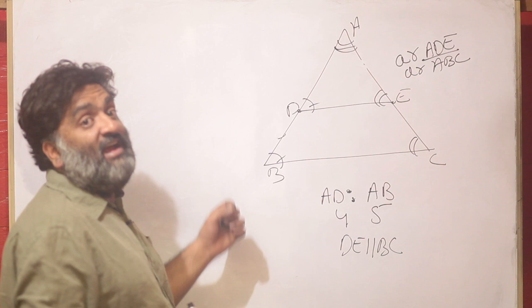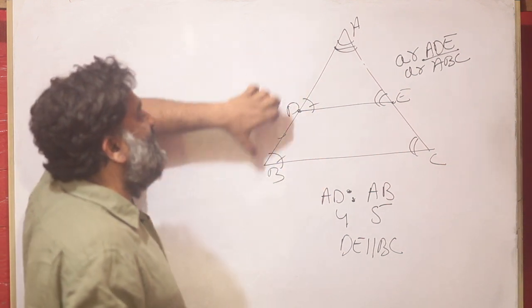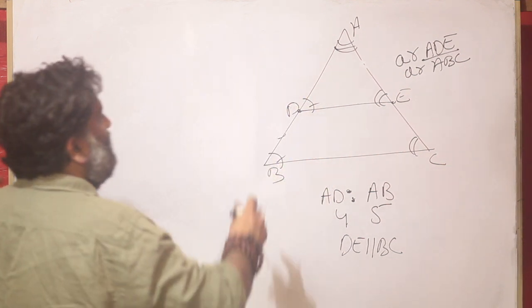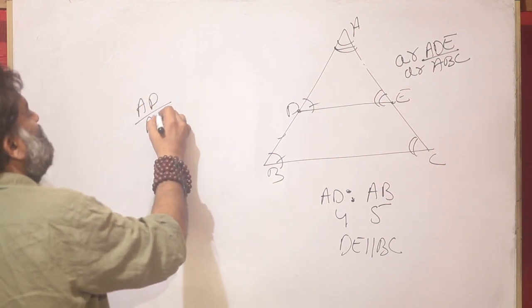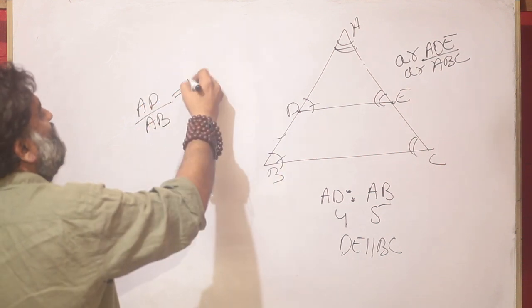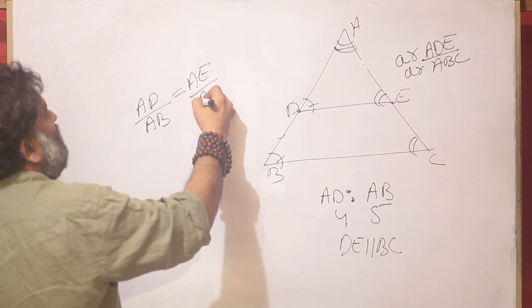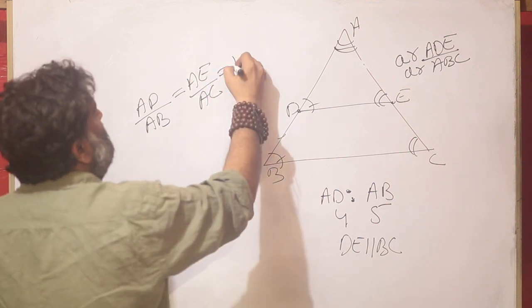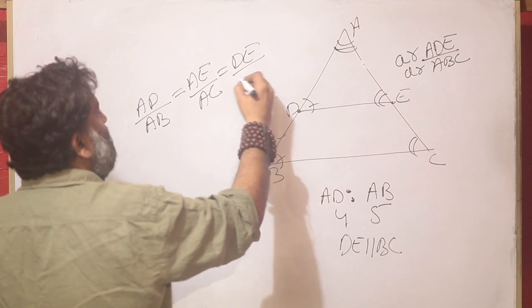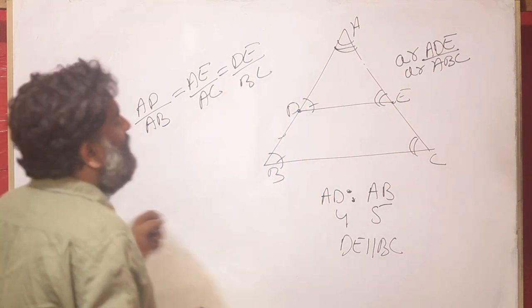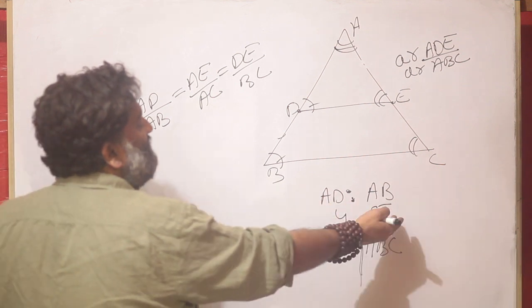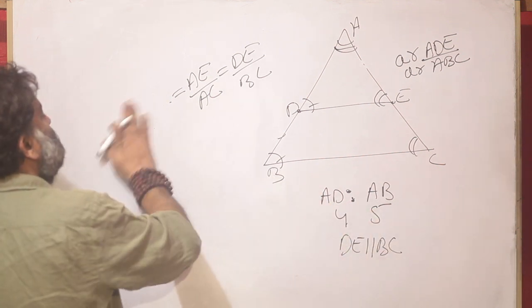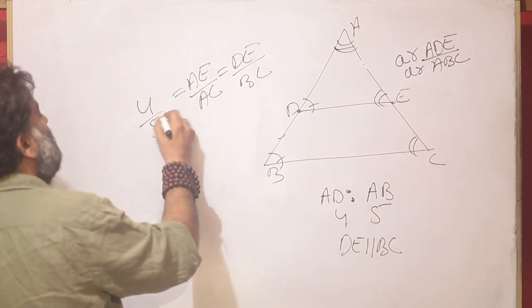That means the ratio of corresponding sides is equal: AD upon AB is equal to AE upon AC is equal to DE upon BC. And this time it is going to be faster, because this ratio is given to me in a very direct form. So this ratio is going to be 4/5.